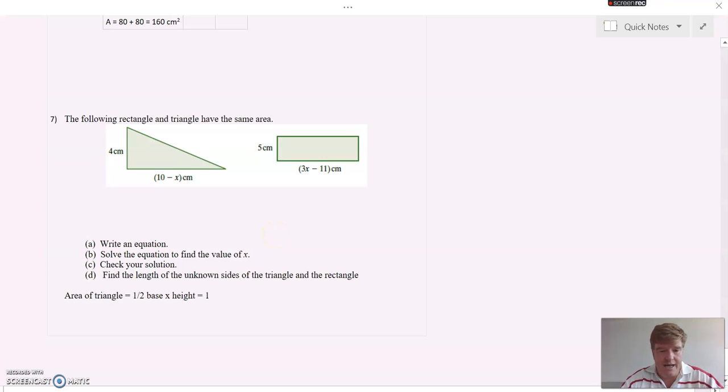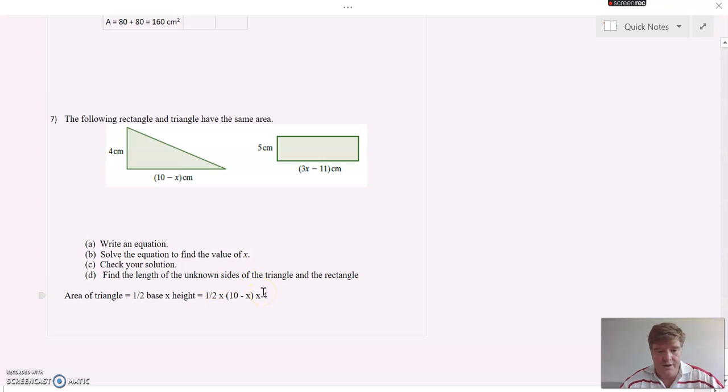So it's going to be a half times the base, 10 minus x, times 4. So let's multiply these things outside of the brackets first.